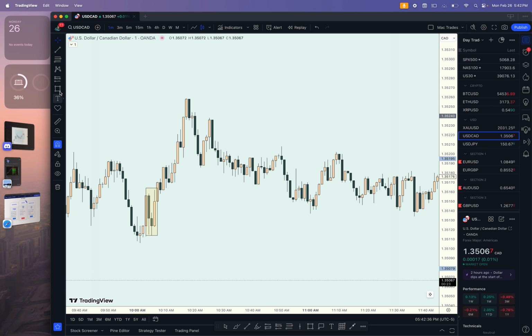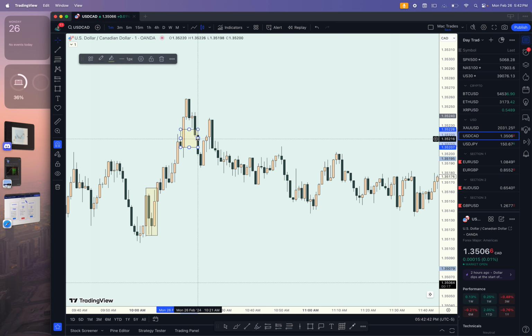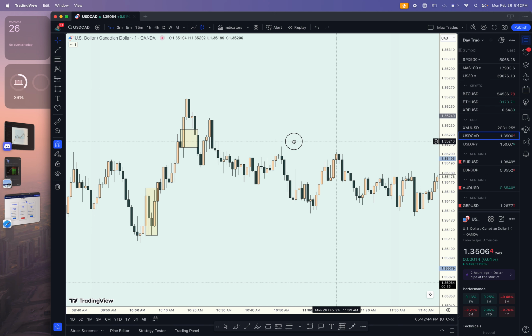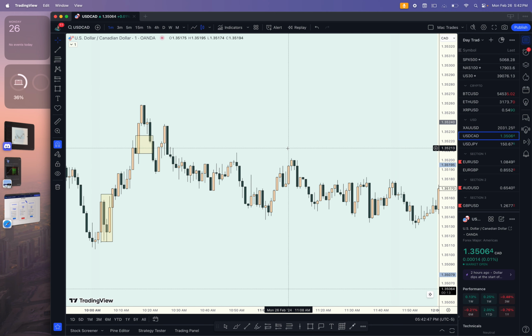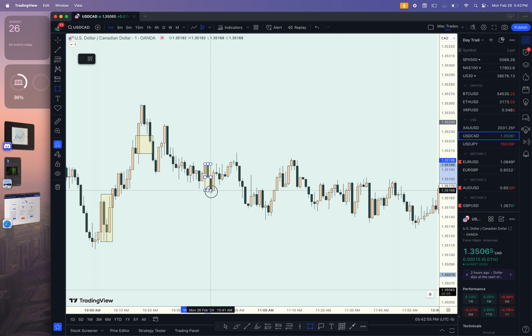Accumulation here, this single engulfed bearish candle accumulation. This was actually a beautiful trade for a sell. Not bad. This here, accumulation. Beautiful.